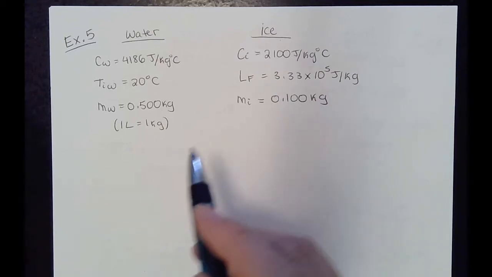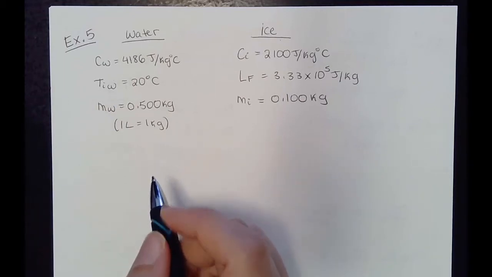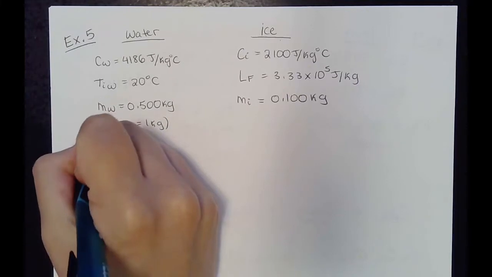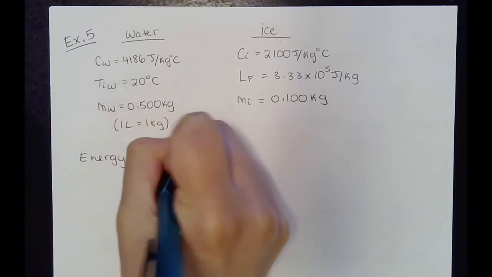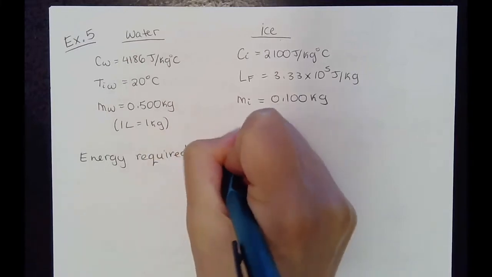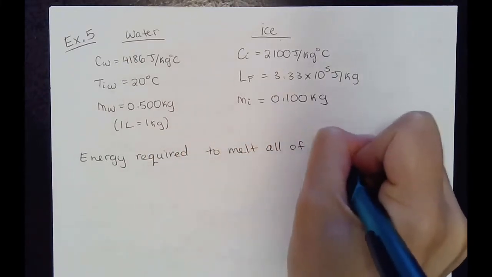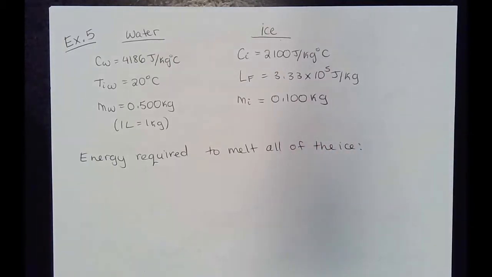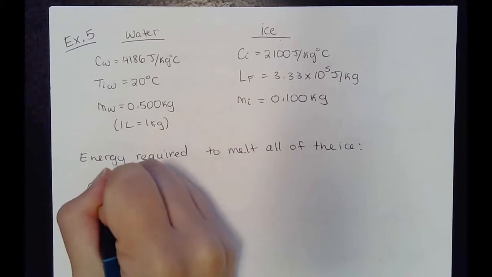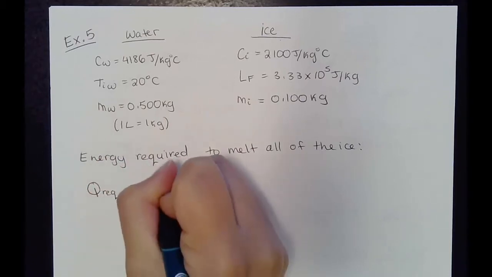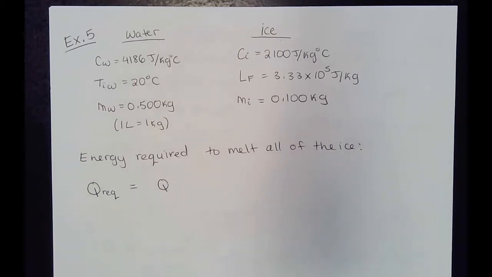Okay. So here we want to figure out if the ice melts. It's not always clear. So let's first calculate the energy required to melt all of the ice. So in order to do that, let's call it Q required. We would need to first warm the ice to its melting point.